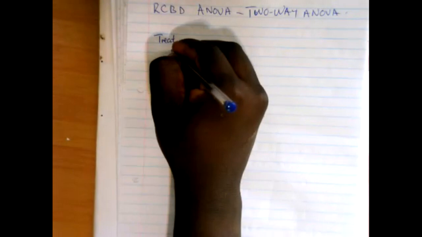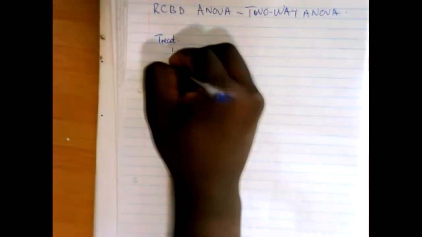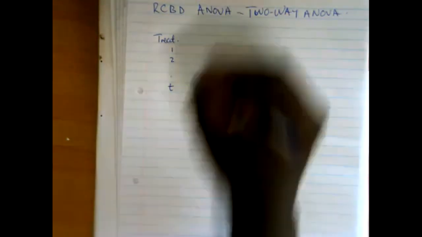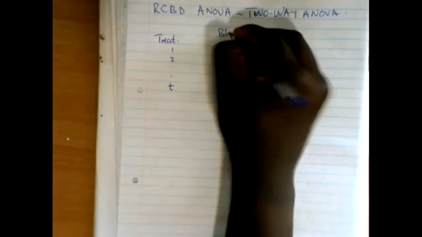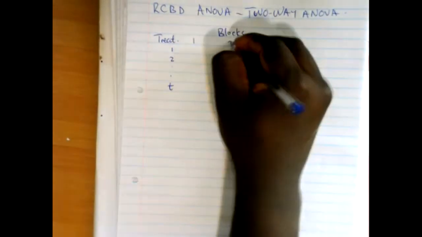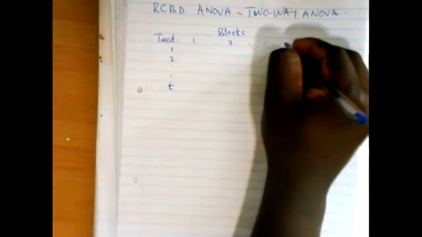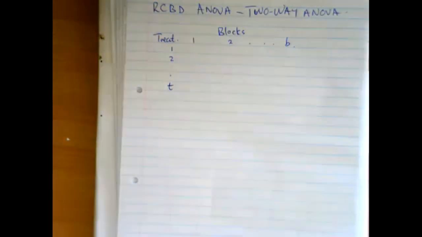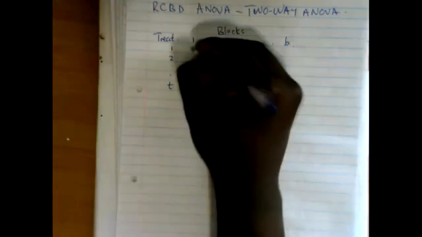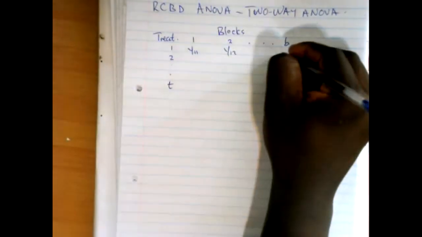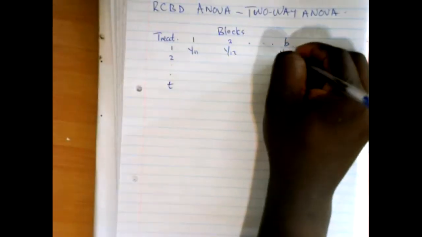Treatment 1, 2, and so on, maybe up to T. There are T treatments. And we've got blocks, call them blocks: 1, 2, and so on up to B. So with that one, we have our Y11 as usual, Y12 up to Y1B.